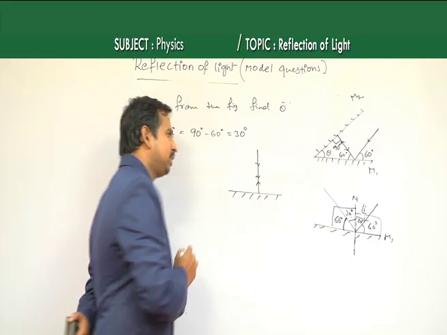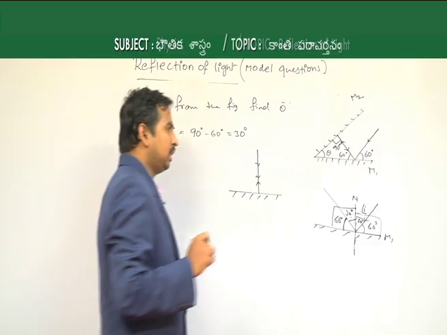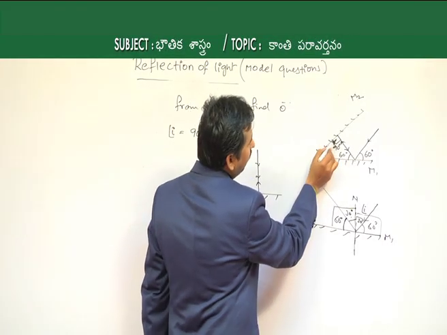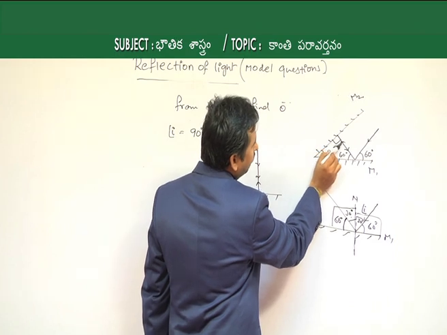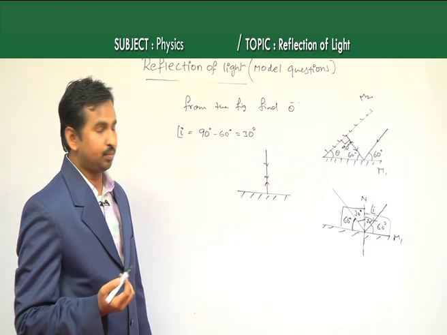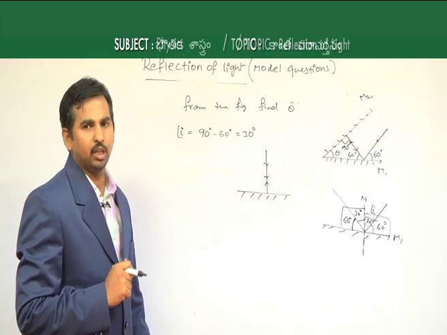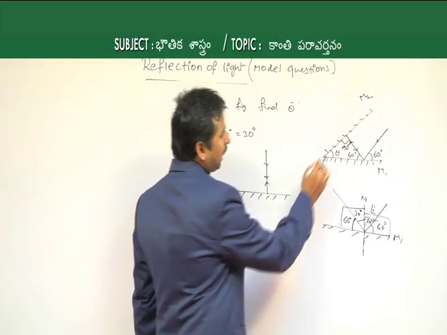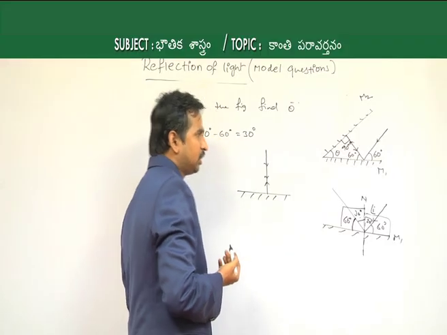Using that condition for mirror M2, the light ray after striking the second mirror moves back along the same path, which means the incident ray is coming along the normal to the second plane mirror. That is why the angle between the second plane mirror and this incident ray becomes 90 degrees.